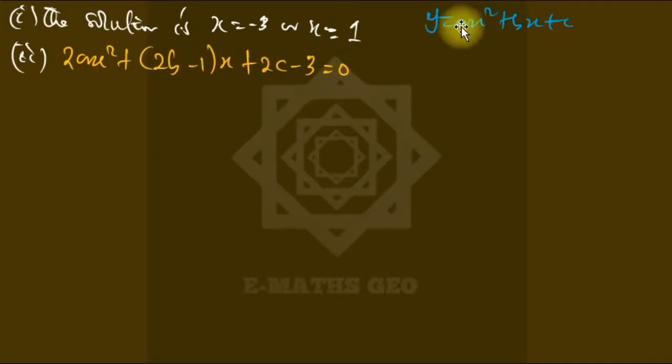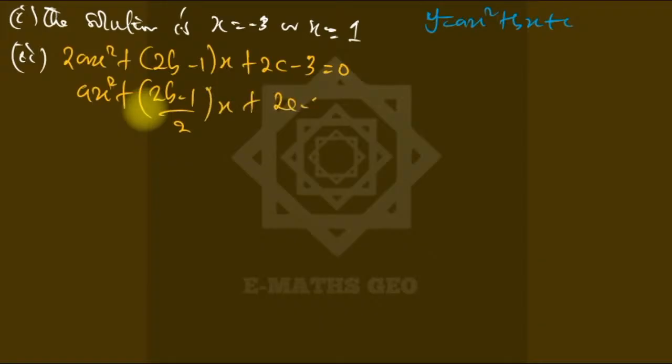So, if you check the coefficient, what I have here is a, but what I have here is 2a. So I divide both sides by 2. So I have ax squared plus 2b minus 1 over 2 x plus 2c minus 3 over 2 equal to 0. So we are getting it. So this is ax squared plus b minus 1 over 2 x plus c minus 3 over 2 equals 0.